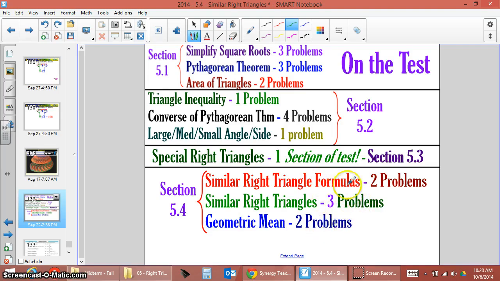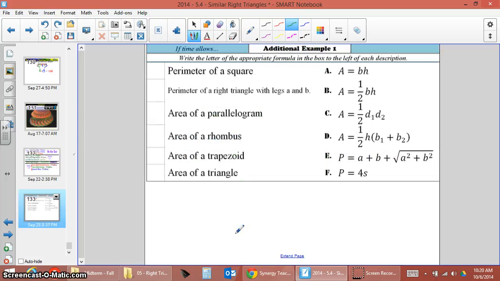That's two of them involving the formulas. So that's like what piece goes here, or what part is missing, or which of these formulas is correct, that type of stuff. Then you're going to have three of them where you actually have to work out the formulas. And then you're going to have two questions purely on the geometric mean, where I'm going to tell you what's the geometric mean between 5 and 4, and you're going to have to tell me 2 root 5. Stuff like that.